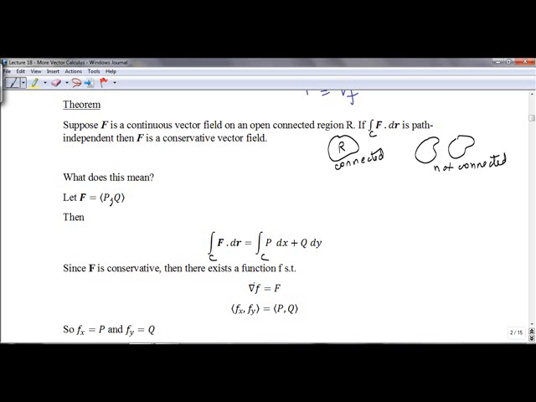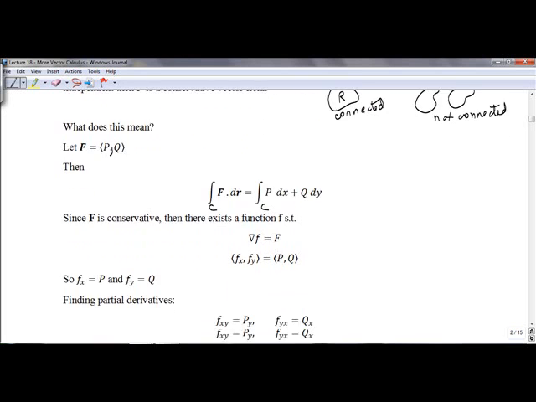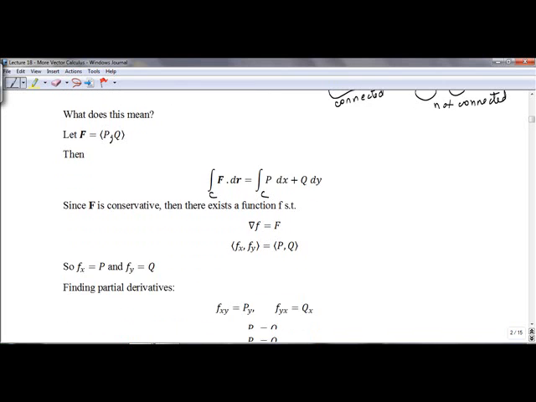What is the formula for the gradient of a function? It's a vector with the partials. So this vector of the partials is equal to the actual F. If they are equal, we can equate components: the partial of f with respect to x is P and the partial of f with respect to y is Q. What does that mean?